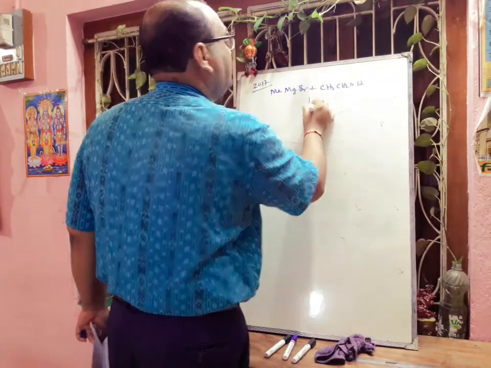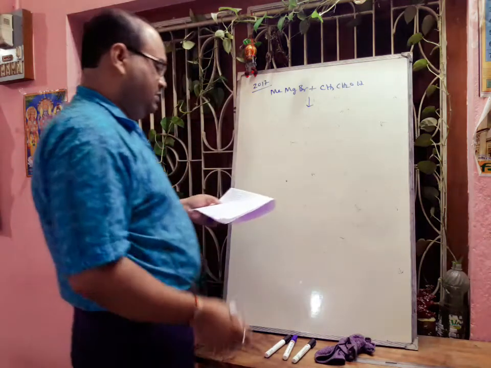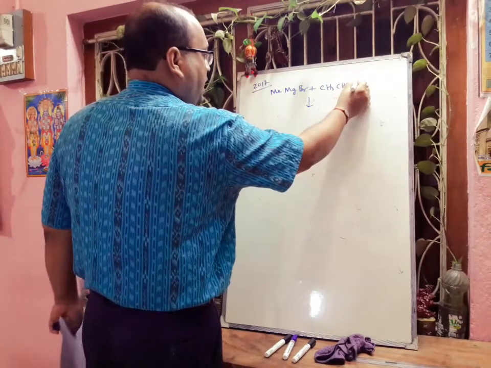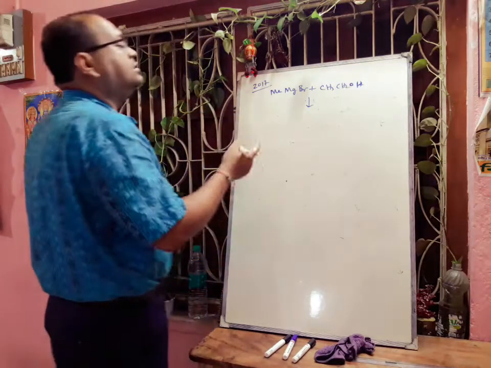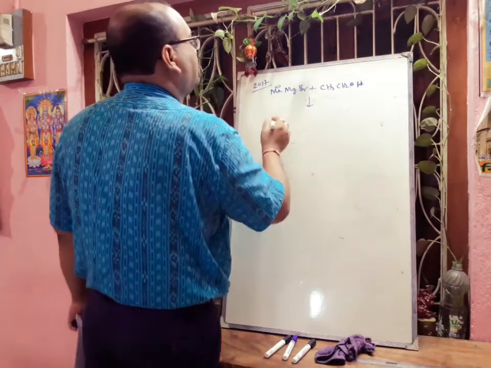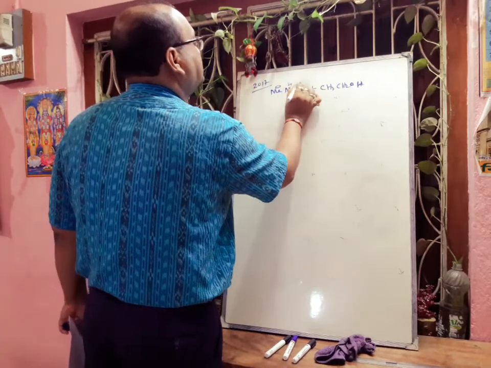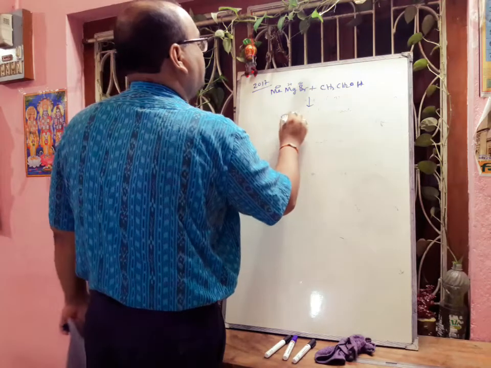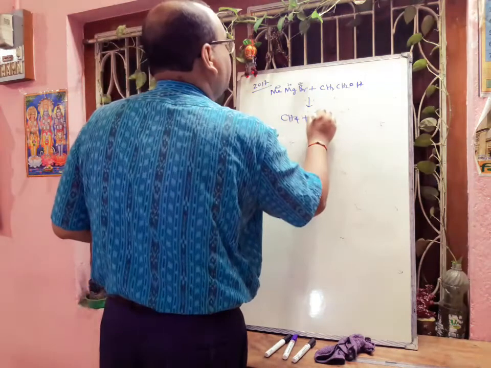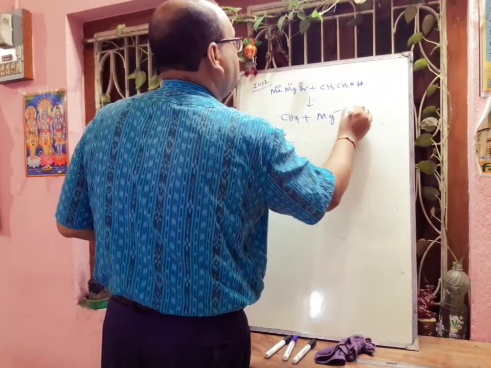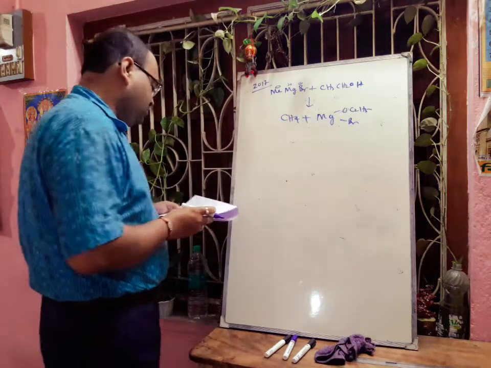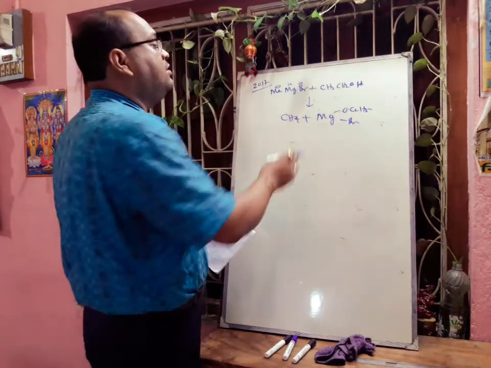Here you have to write the balanced equation. So definitely the alcohol will donate the proton, but CH3 minus will abstract this proton, and there will be formation of CH4 plus Mg(OC2H5)Br. That will be the product. So your product will be mainly methane.